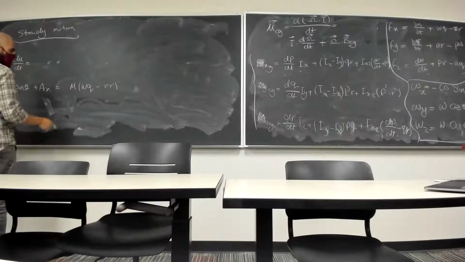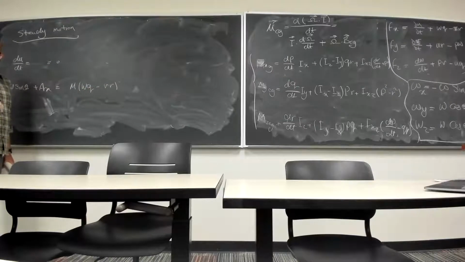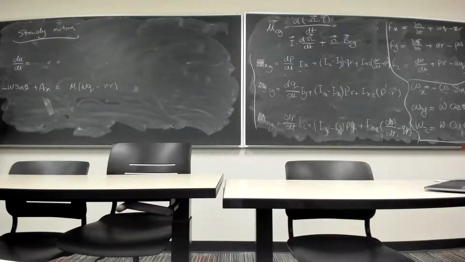Keep in mind, w and v are components of linear velocity in the z and y direction. Q and r are components of angular velocity in y and z direction, right?